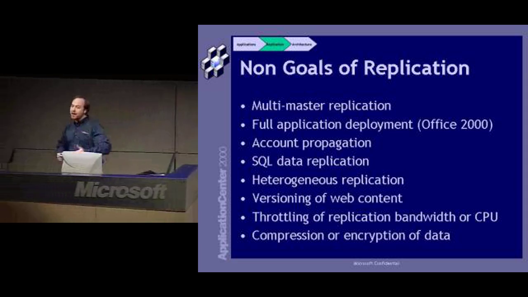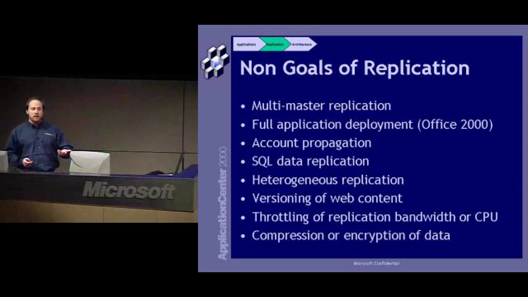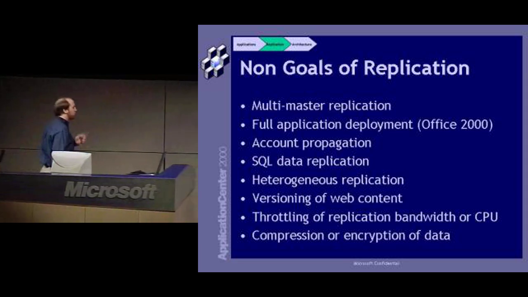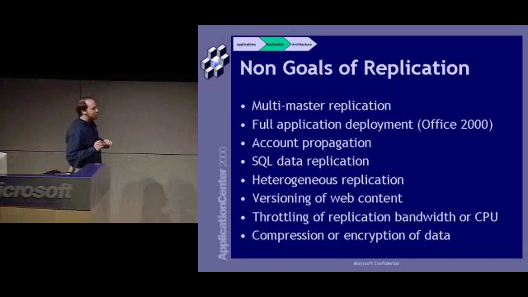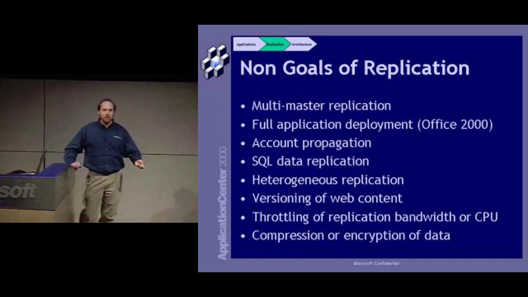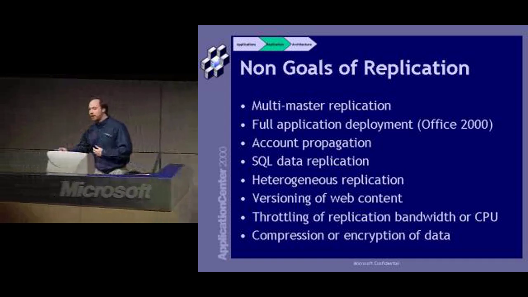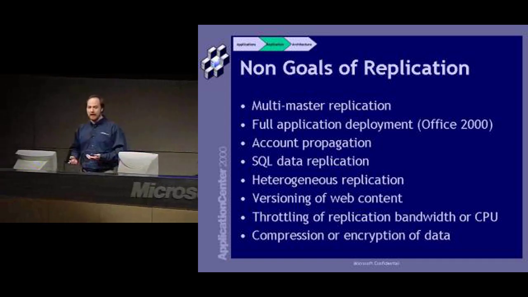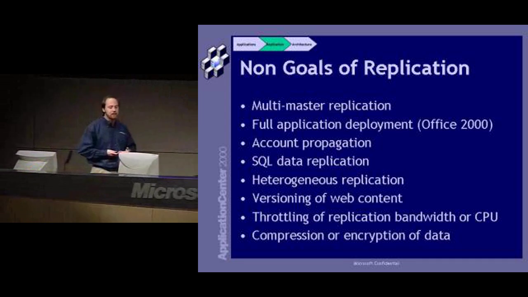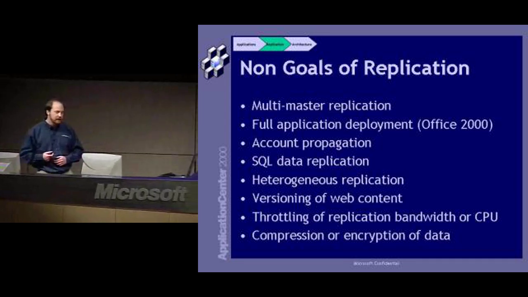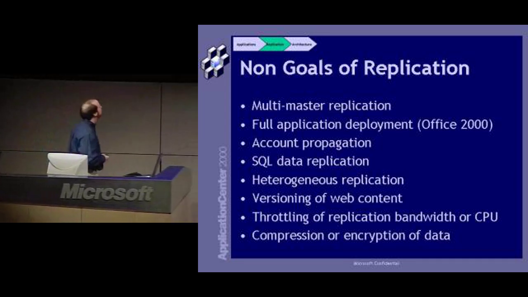And so we do not throttle the bandwidth that we take up on the network or the CPU. Now, one note here, don't freak out about, oh my gosh, we're going to take up all your bandwidth on your front-end NIC or on the NIC that's connected to the internet. We will do all of our replication on a back-end NIC, so a NIC that's not facing the internet. So we think that's an okay choice that we made there.